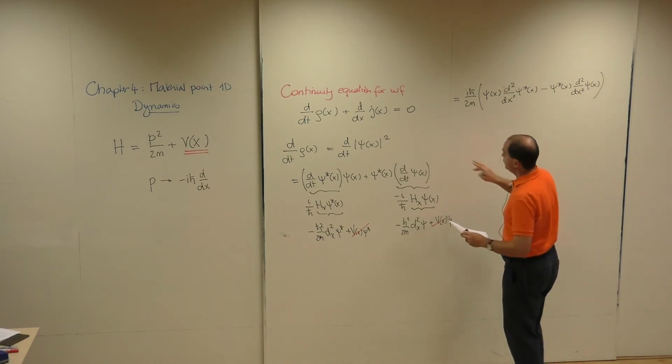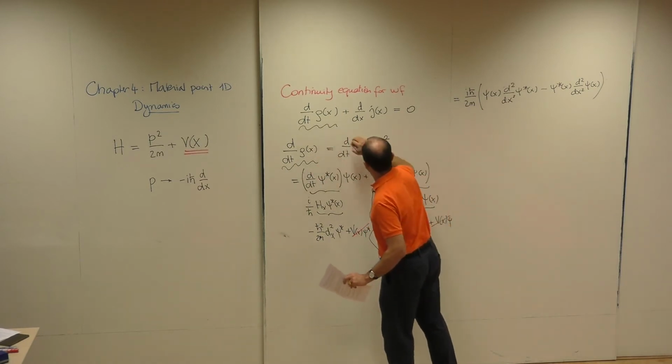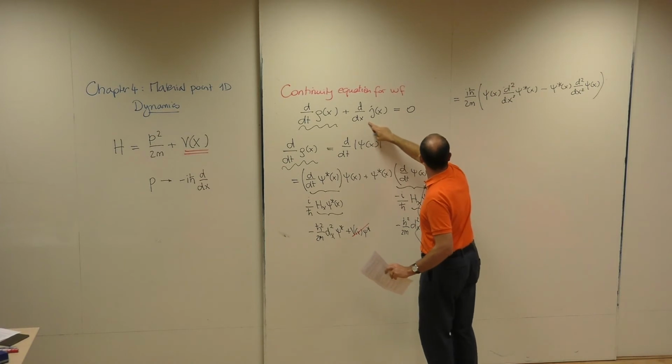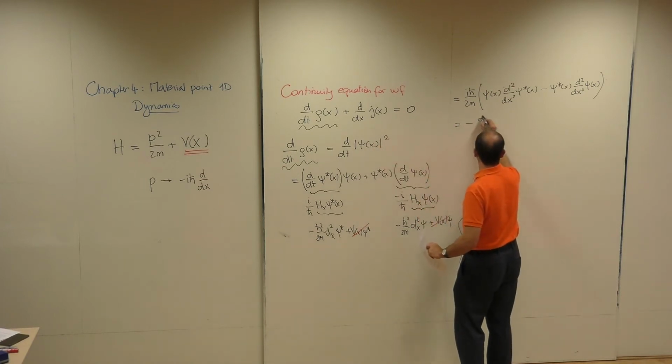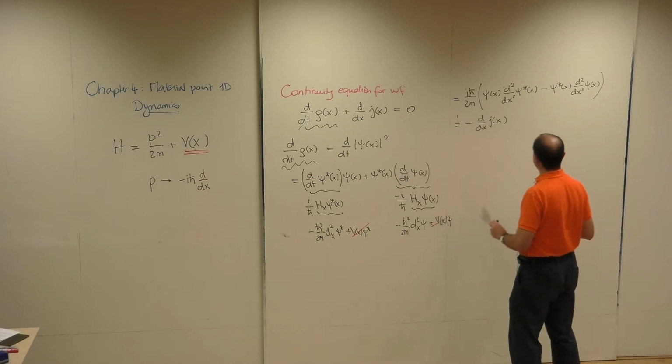And now, you see what we want? We started from here, and we want this. So we would like this guy to be equal to minus d over dx of j of x, and I let you check.